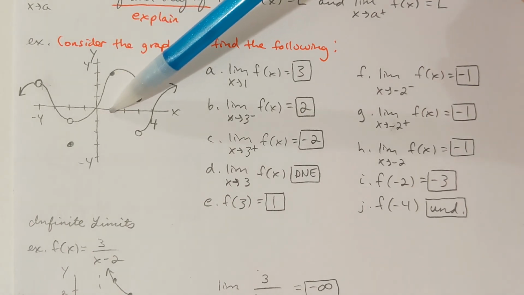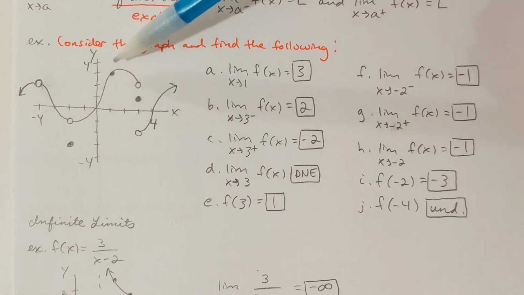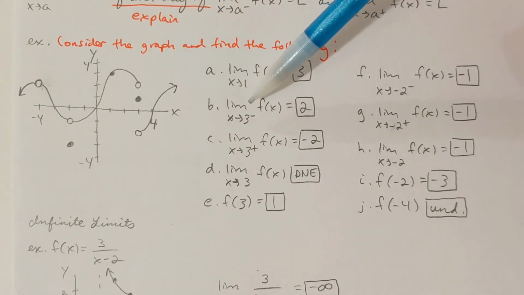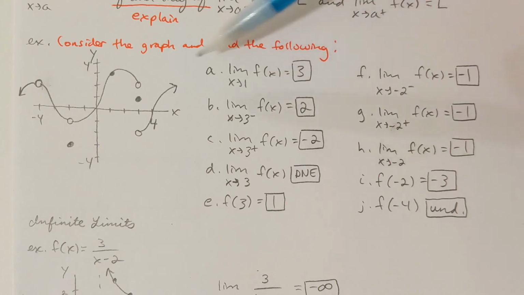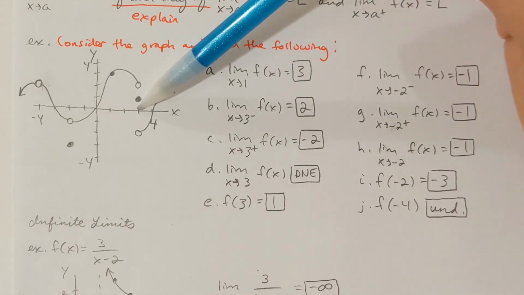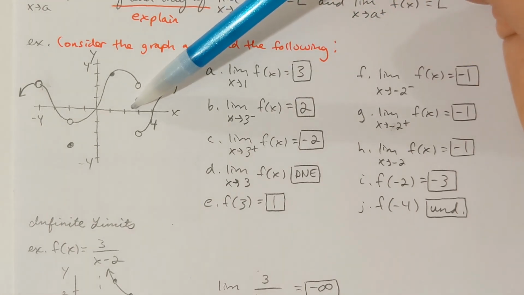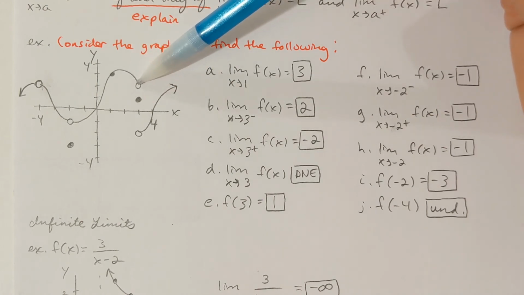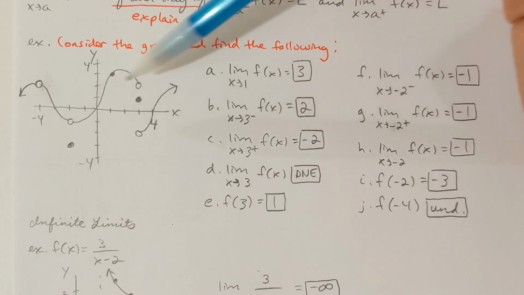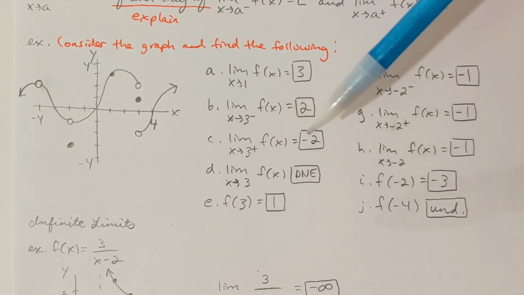Okay, so if I'm around 1, it looks like the y values are approaching 3 on either side of x equal 1. Part B, the limit as x approaches 3 from the left of f of x. Okay, well here's 3. If I'm on the left side of 3 and close to 3, it looks like the y values are getting closer and closer to 2. So 2 would be that answer.